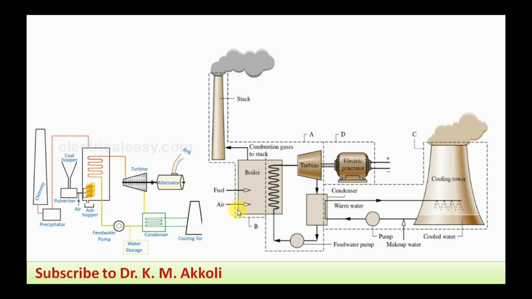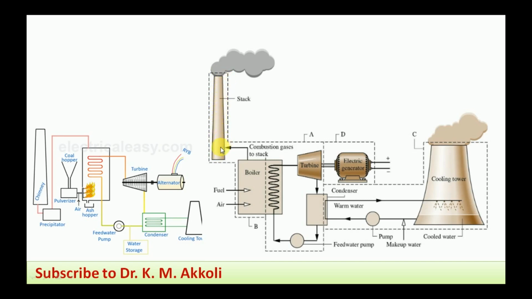Later, after the combustion, the combustion gases are supplied to a stack, also called a chimney. It is a vertical construction with a decreasing cross section, and that is called a stack.